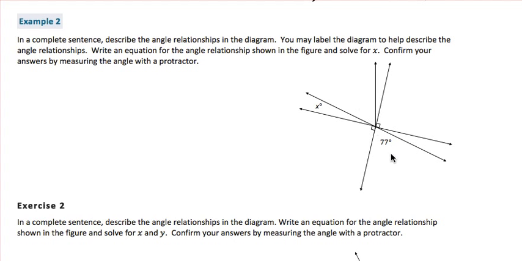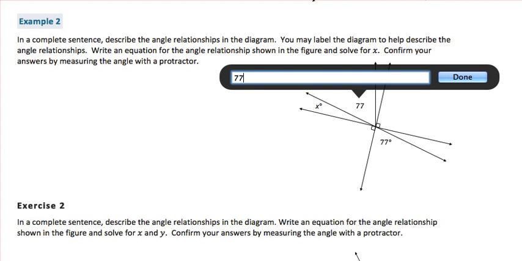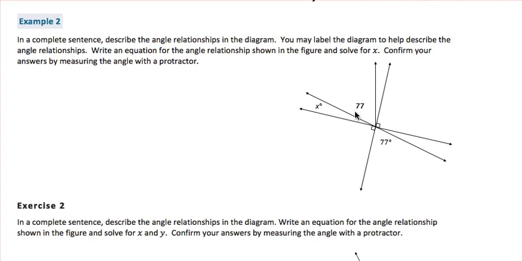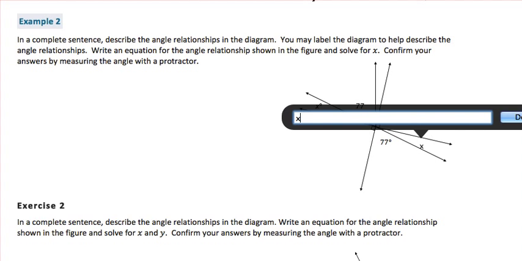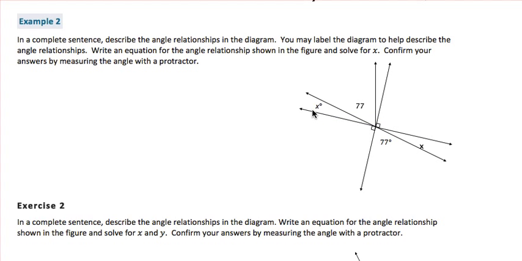This angle across from 77 degrees has to be 77 because it is a vertical angle to the 77-degree angle. And likewise, the angle across from x has a measurement of x as well because it is vertical to x.